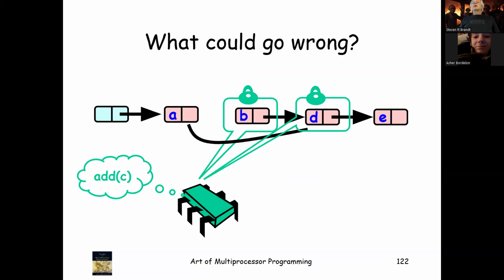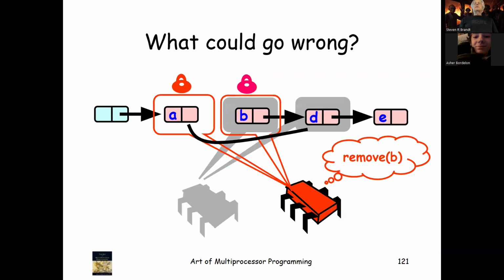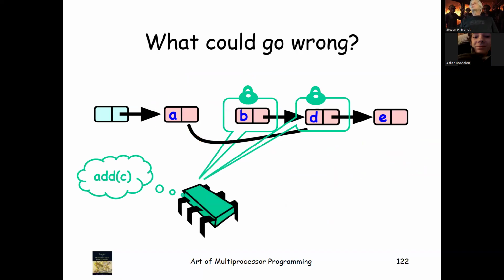Again, things are not going to work, because I'm adding C, but B is already gone, so the adding of C gets lost. I think the way to think about this is that the property of reachability is hanging around there, and we can't see it because it's not physically present. So when we do this check on the two locks, we don't see that B is no longer reachable. We don't see that that property has changed.